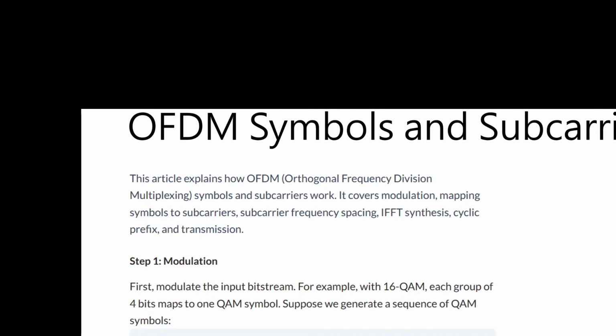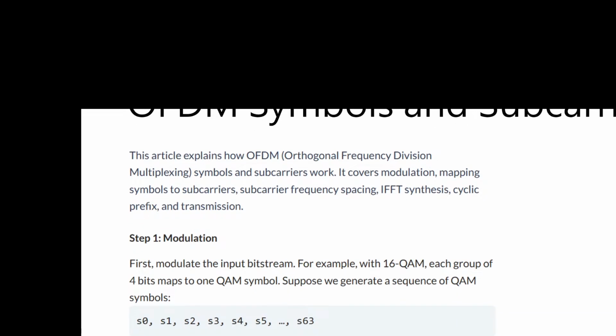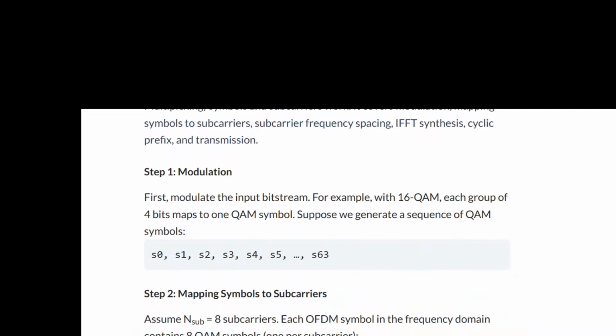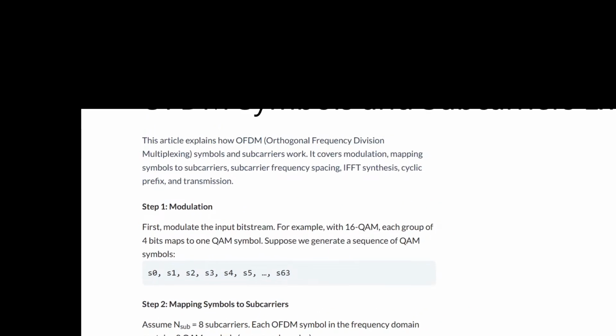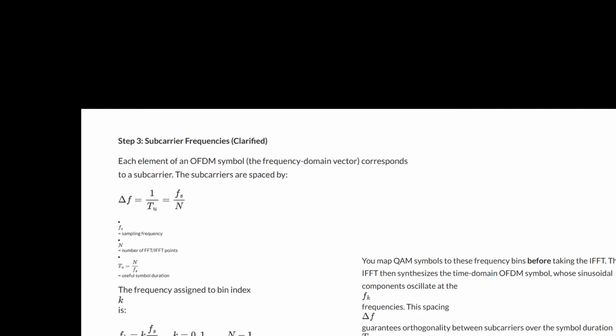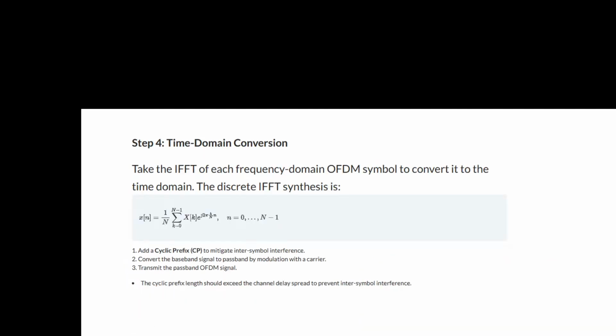It covers modulation and mapping, so you may follow the steps to carry out the exercise: modulation, mapping, symbol, and carrier. So that's symbols S0, S1, 2, 3, 4, 5, 6, 7, and so on. After you finish, you put in the subcarrier frequency, then time domain conversion.